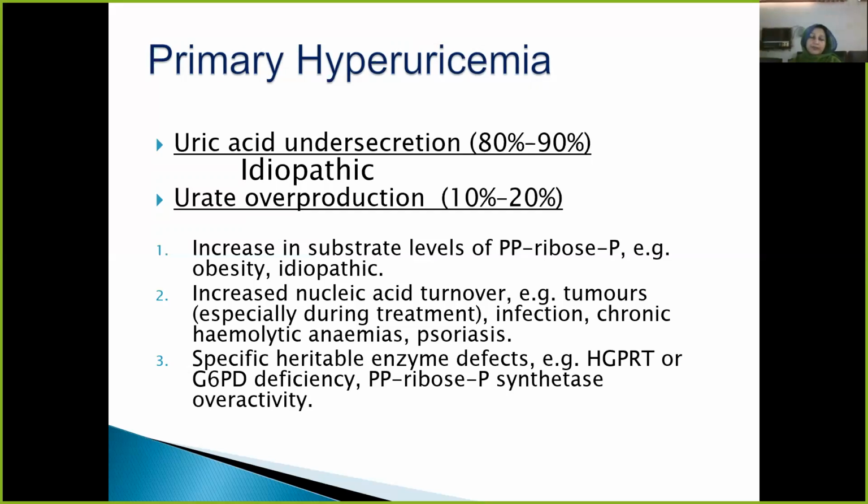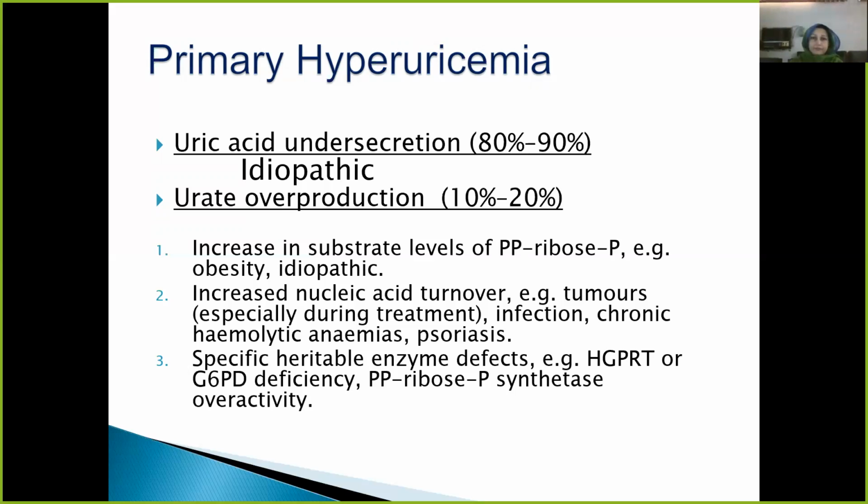Increased nucleic acid turnover, for example, tumors, especially during treatment. Then infection, chronic hemolytic anemia, psoriasis. Then specific heritable enzyme defects, for example, HGPRT or G6PD deficiency, PRPP synthetase overactivity.